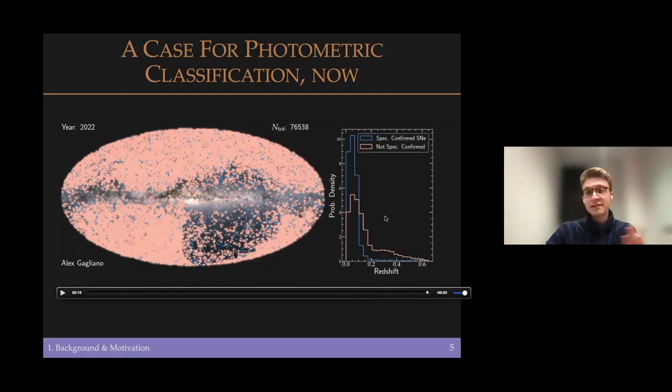It makes sense that the high redshift events are the events for which we don't have spectra, right? You want a high signal to noise and you want events that you can study in detail to uncover their progenitors. But if we really want to push our understanding to higher redshift events, then we just need to do well at photometric typing. We're not going to have spectra out in these domains.